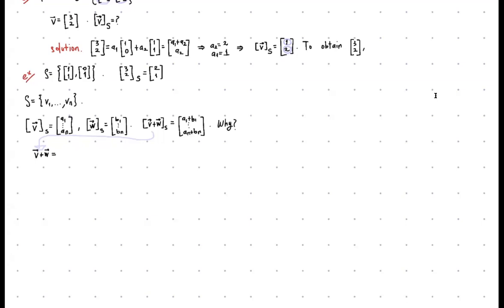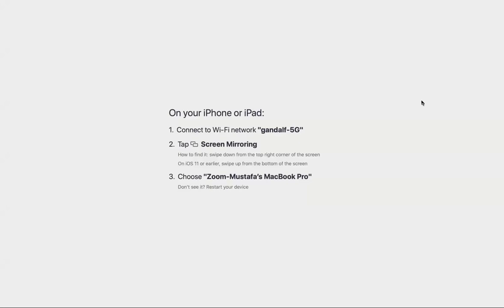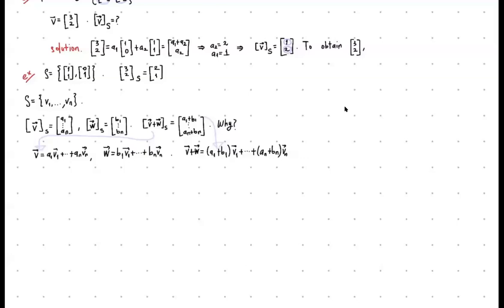So it shows that the coordinates of V plus W are really these numbers.